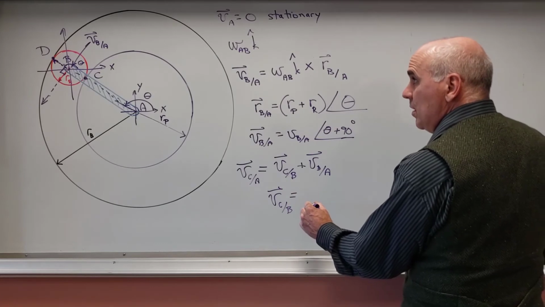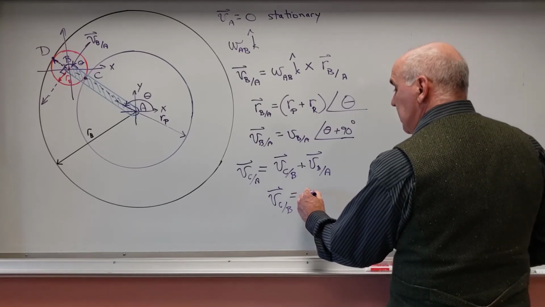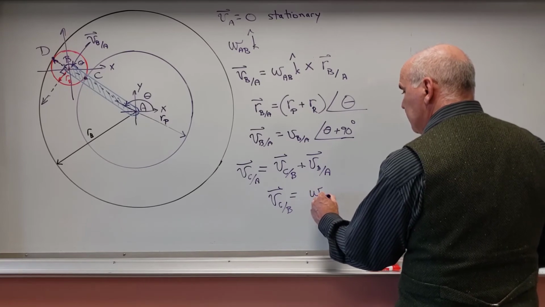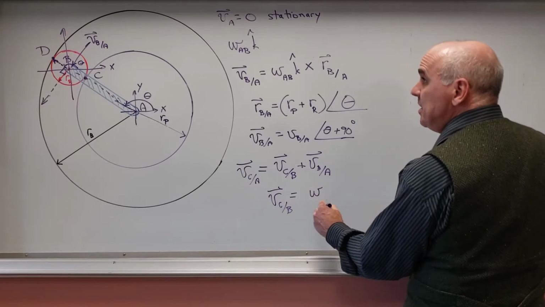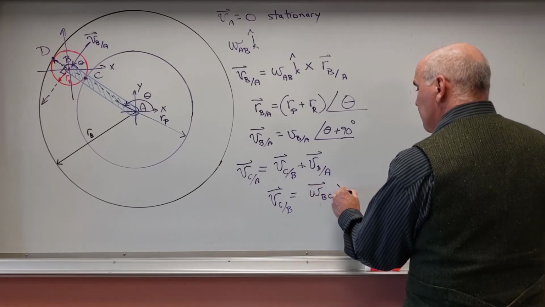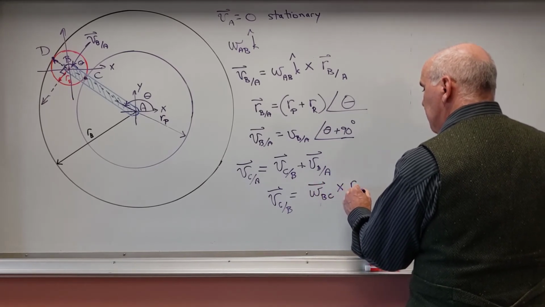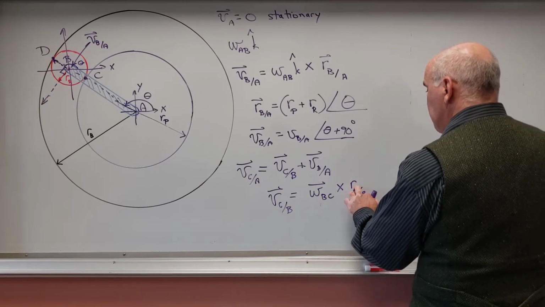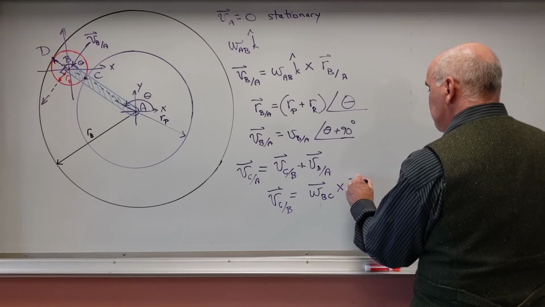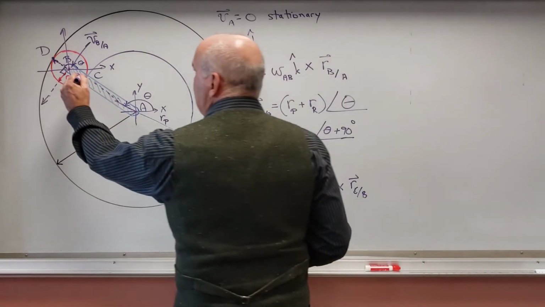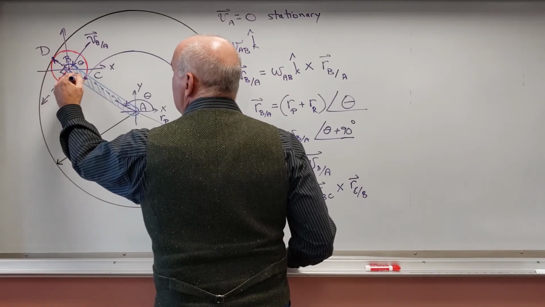And so the velocity of C with respect to B is going to equal the omega of the red gear. Let me call it omega BC. That's the omega of the red gear, crossed with the position of C with respect to B. But the position of C with respect to B can come back this way.